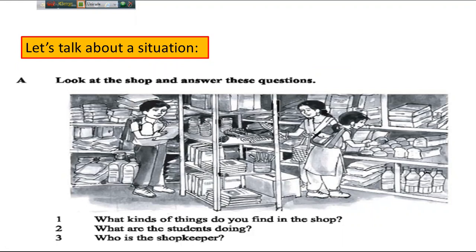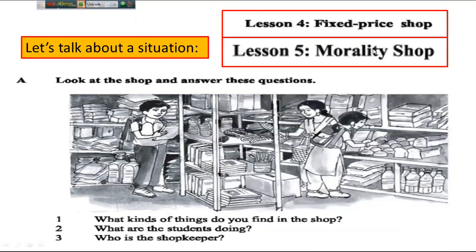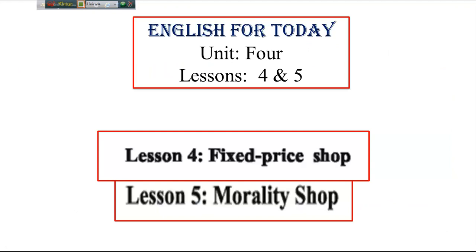So today we'll know about 2 types of shop. One is fixed price shop, another one is morality shop. And these lessons are from unit 4 of your EFT book. So all of you open your EFT book and come to unit 4, lessons 4 and 5.